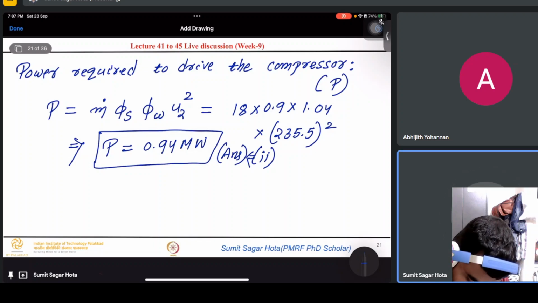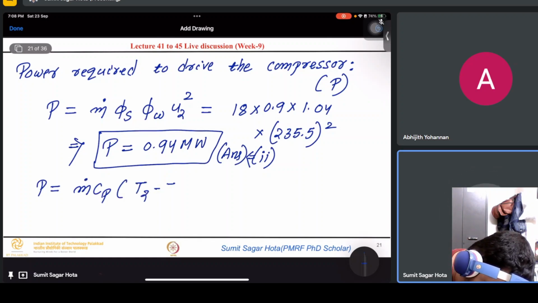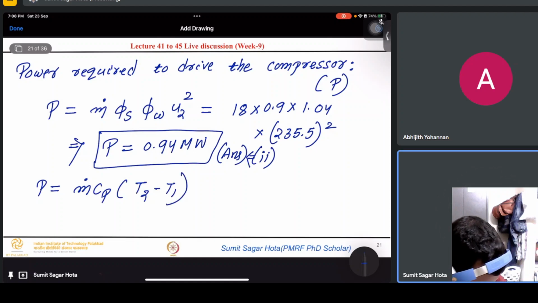Again we know one thing, P is equal to m dot Cp into T2 minus T1.